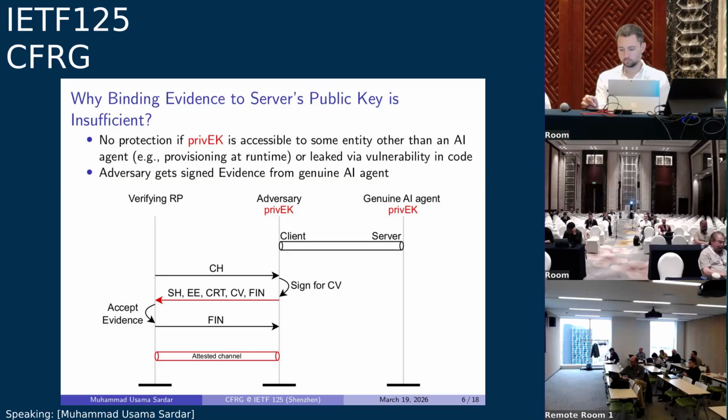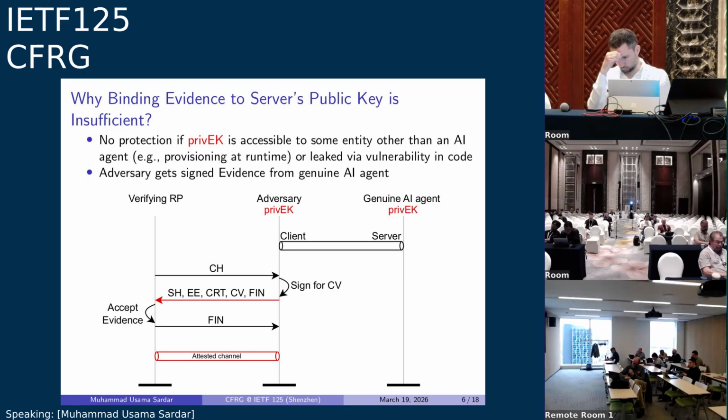Or the key provisioner, the entity which is provisioning that private key to the genuine AI agent, may actually keep a copy of the key, so we cannot prove the property that the genuine AI agent is the only entity in the whole world which has access to that key. Also, the provisioning protocol between the provisioner and the genuine AI agent can be buggy as well. So there are several reasons by which this key can be leaked.